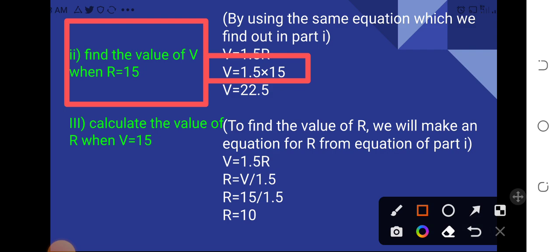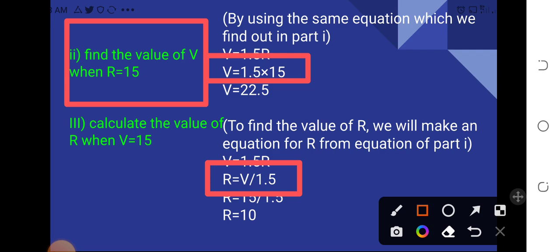The equation we got in the first part was V is equal to 1.5 R. Now by taking the value of K, 1.5, to the left hand side, we find out the equation for R, which is R is equal to V upon 1.5.